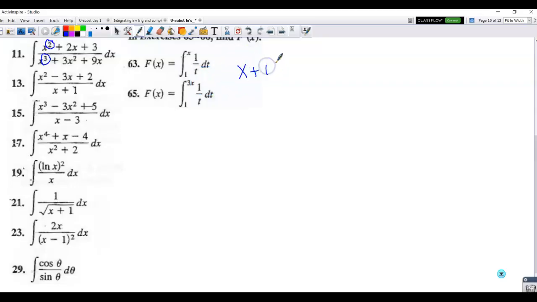Pay very close attention to the long division. So I have x squared minus 3x plus 2. I look at the x and I look at the x squared, and I ask, x multiplied by what will give me x squared? I know the answer is x, and I'm going to put that x over the x. It's sort of like place value.